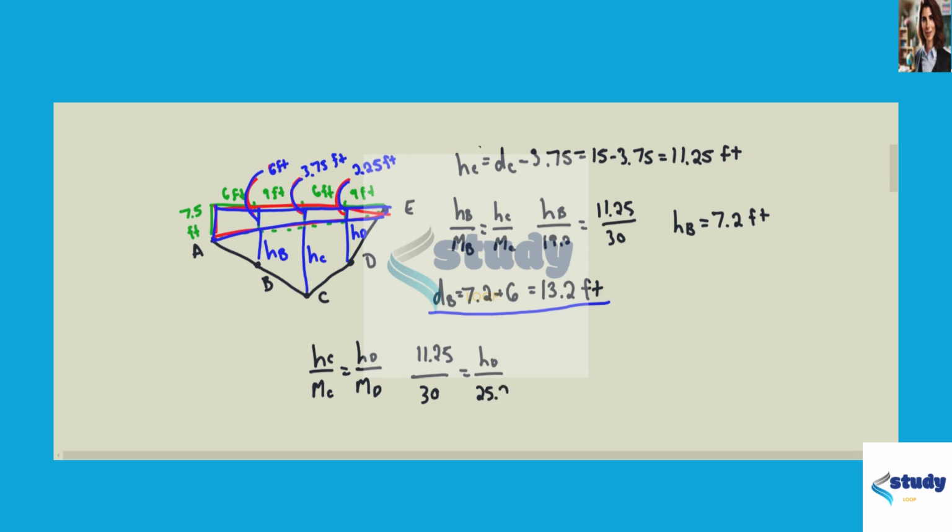So we can solve for HD, which is 9.45 feet. And finally, we can solve for the distance of D, which is 2.25 feet plus HD, which is 9.45, to obtain 11.7 feet for the distance of D. These are the two answers for problem 122.